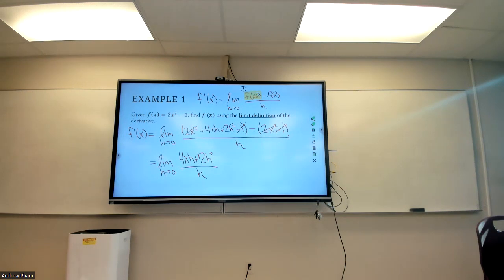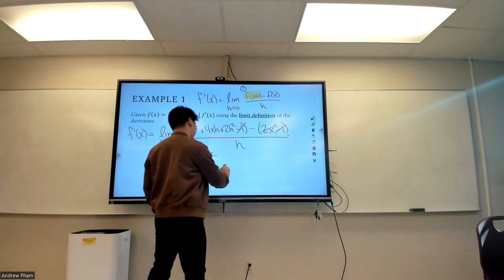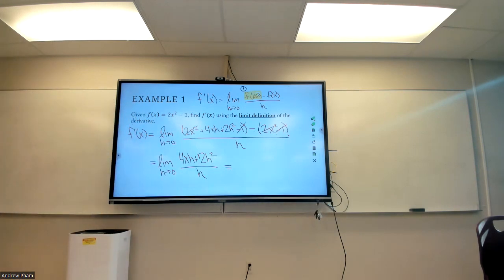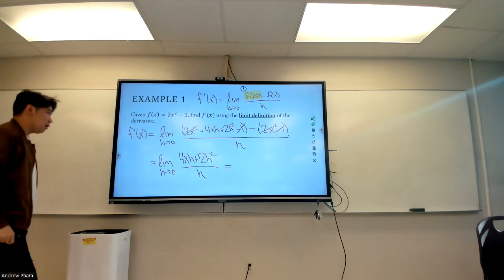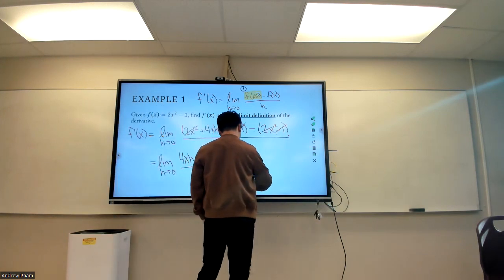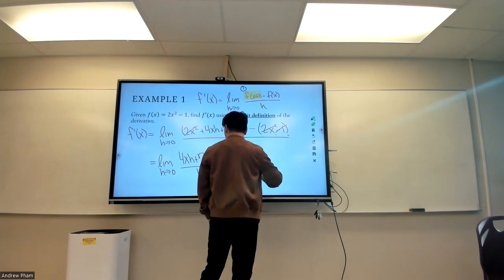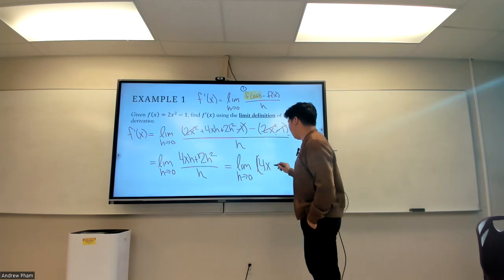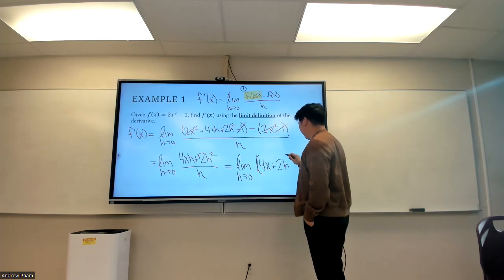So this should start looking a little bit familiar to what we did last time. I claim that there's one more thing that can really cancel out here. Yeah, I can take an h out from every single term. So really, I can say that this is the limit as h goes to 0 of 4x plus 2h.